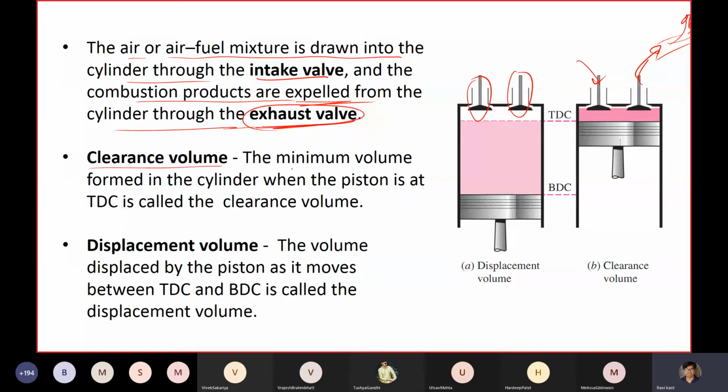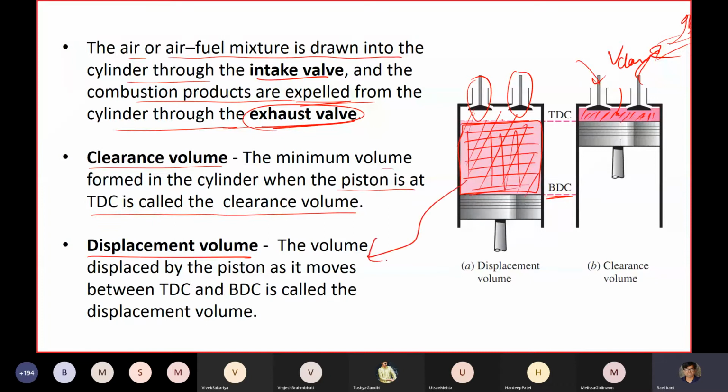There is something called clearance volume. The minimum volume formed in the cylinder when the piston is at TDC is called clearance volume. Displacement volume: when your piston is at bottom dead center, whatever the volume you have, the displacement volume is the total volume minus the TDC volume.